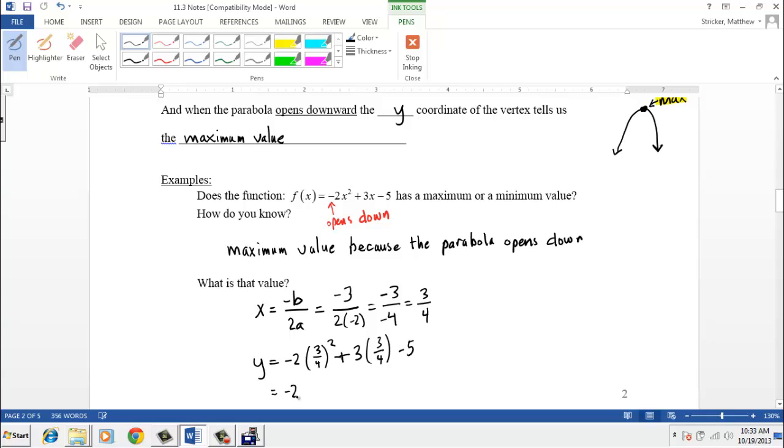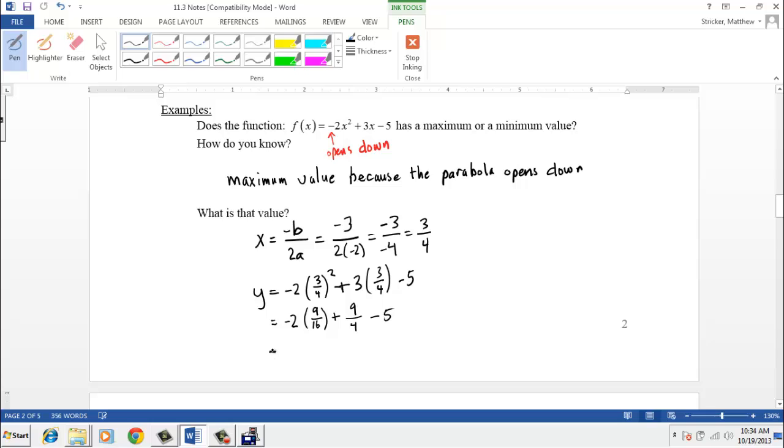This is equal to negative 2 times 9/16 plus 9/4, just multiplying 3 times 3 is 9 over 4, minus 5. This is equal to, well, this is like 2 over 1. 2 goes into 16 8 times.